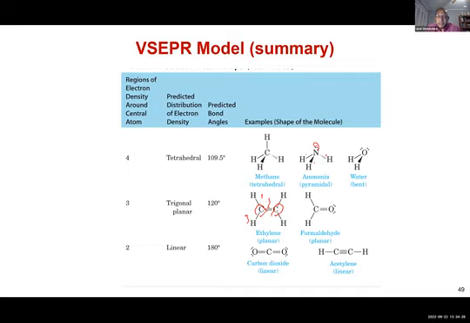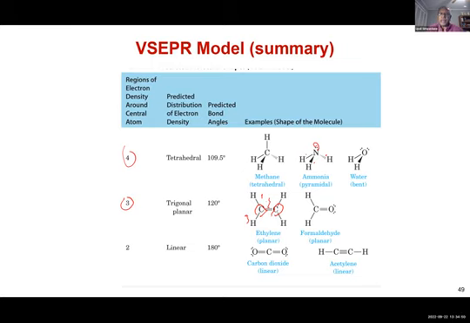There are 3 groups of electron pairs. The 3 groups of electron pairs distribute around the central atom, carbon, in a trigonal plane.